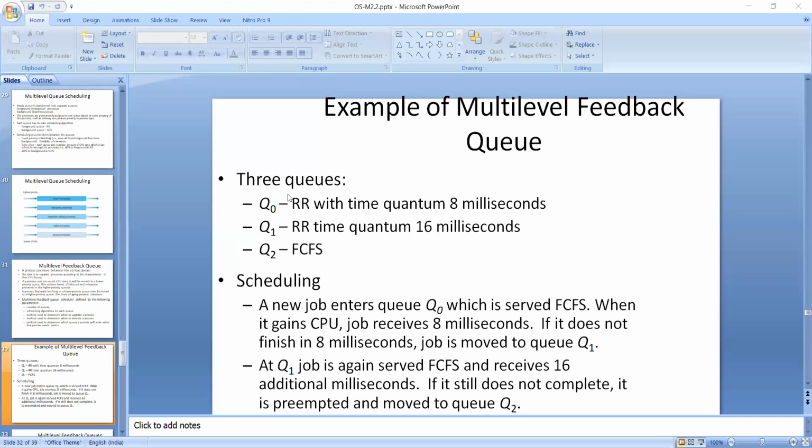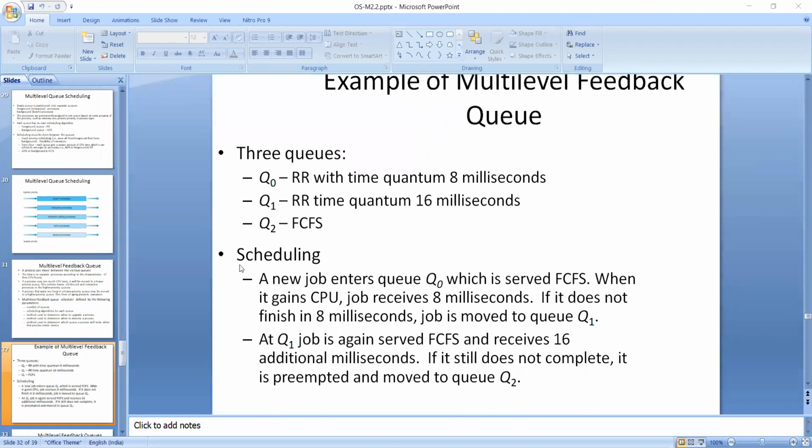So we have taken three queues in the multi-level feedback queue scheduling algorithm. Q0 will be scheduled using round robin with a time quantum of 8 milliseconds, Q1 with round robin with a quantum of 16 milliseconds, and Q2 with first come first serve scheduling.